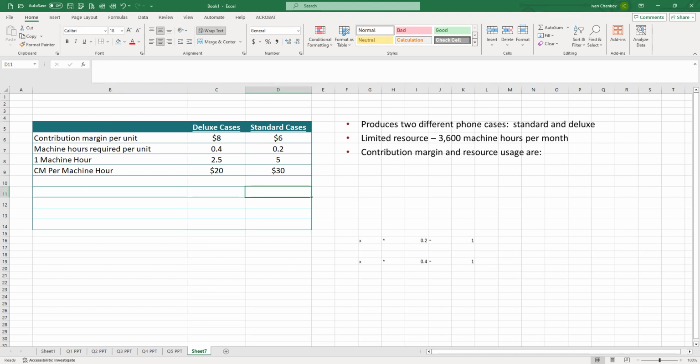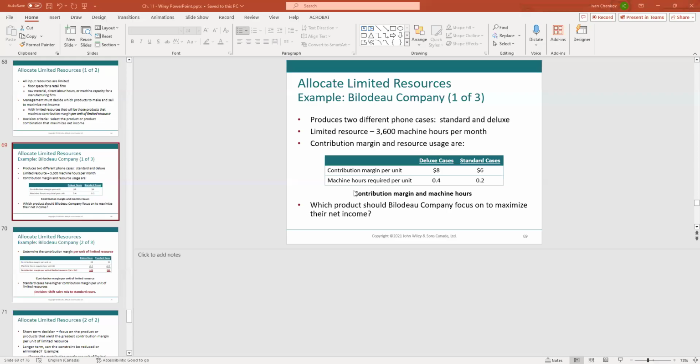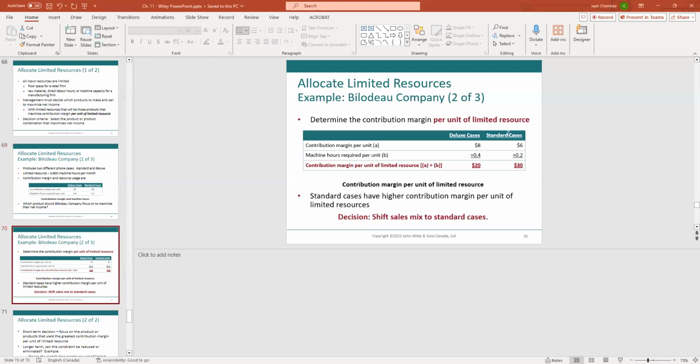Okay, let's move back to the slides and see what the slides tell us. After that, we're moving to the contribution margin per the limited resource, which is the machine hours. We can go this direction, or the direction that I show you.